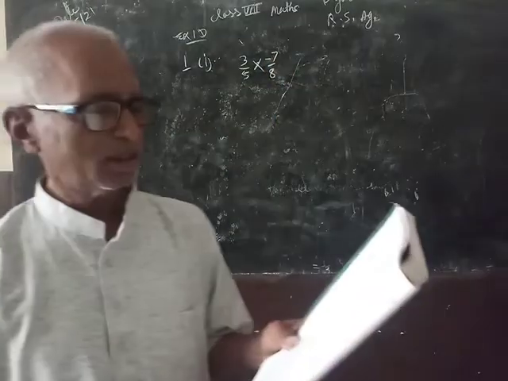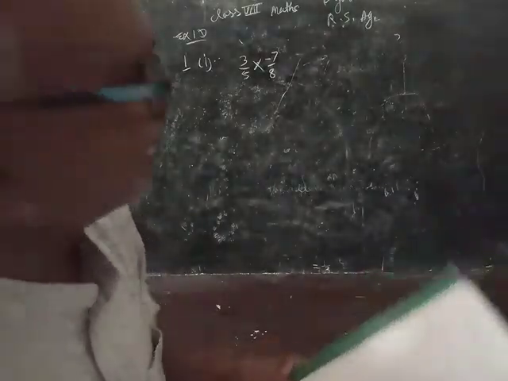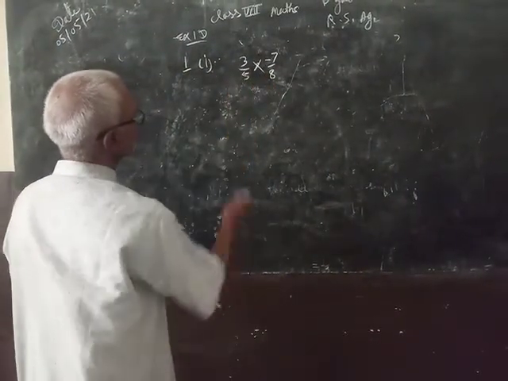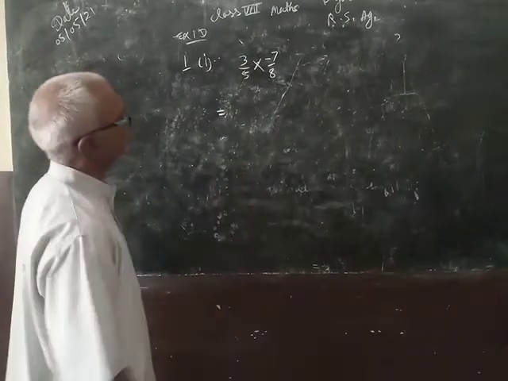See here, 3 by 5 into minus 7 by 8. The first number is positive, the second is negative.